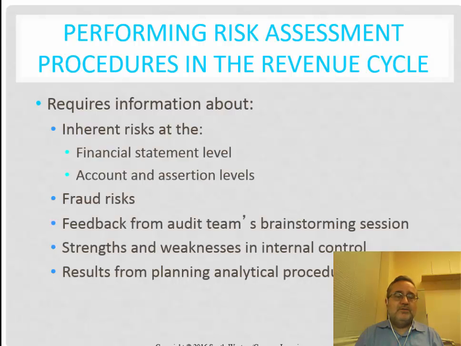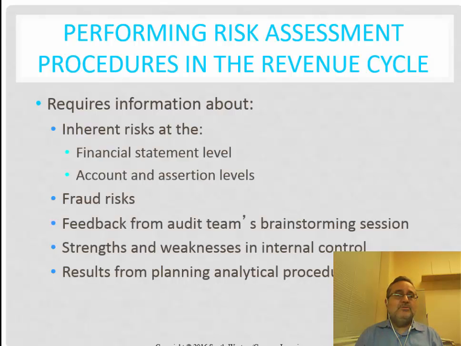This is the product of three items: inherent risk, control risk, and detection risk. So in the inherent risk, what we're looking at is the nature of these financial statement accounts and the underlying assets and transactions as they relate to the revenue cycle. We also want to understand what fraud risks are.